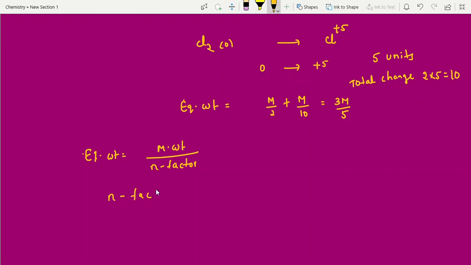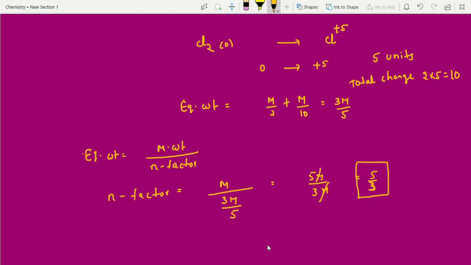N factor equals molecular weight m divided by equivalent weight, 3m by 5. Simplify: 5m by 3m. M gets cancelled, you will get the answer 5 by 3. This is the n factor for the disproportionation reaction. The method is lengthy, but you will get the perfect answer.